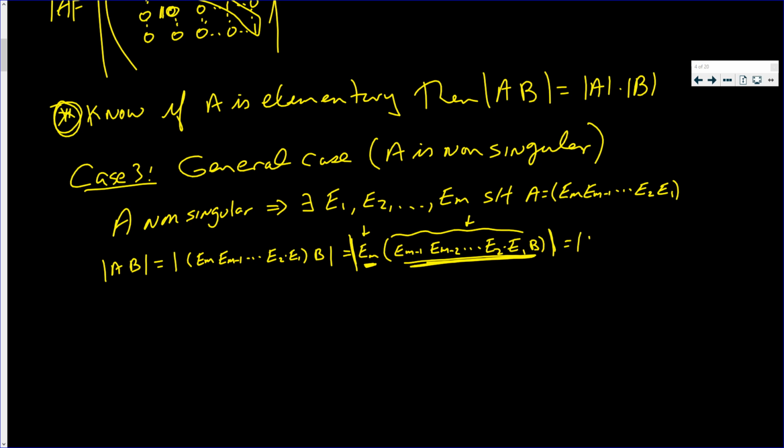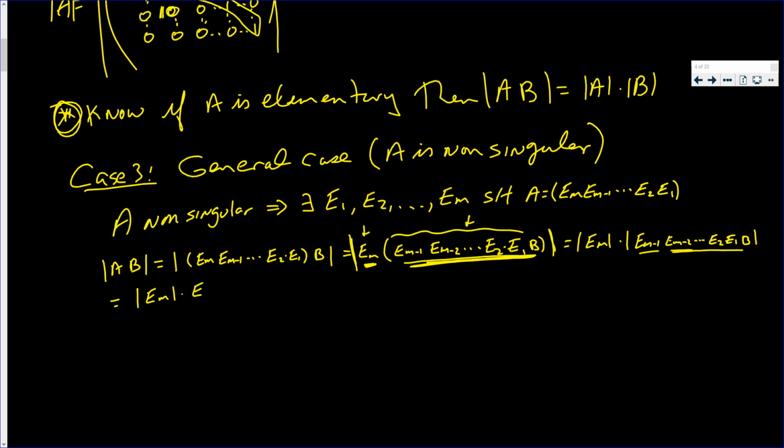This is equal to the determinant of E_M times the determinant of E_(M-1) times E_(M-2), all the way down to E2, E1 times B. But this is equal to the determinant of E_M times, think of it as this elementary matrix times that matrix.